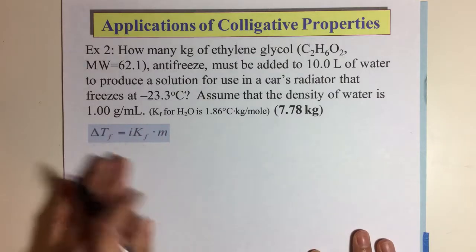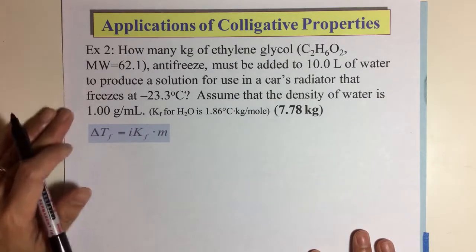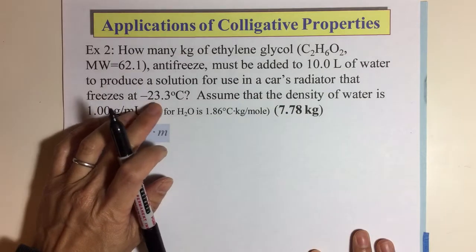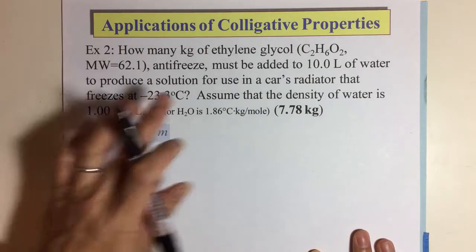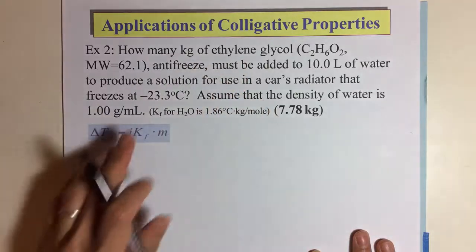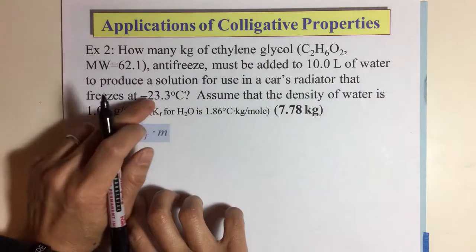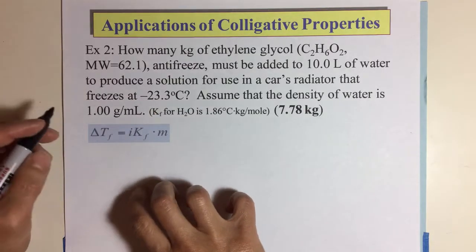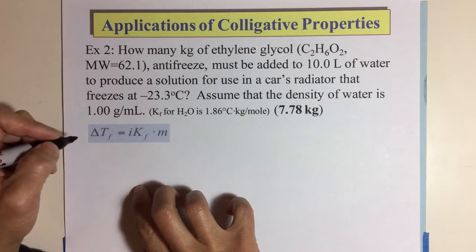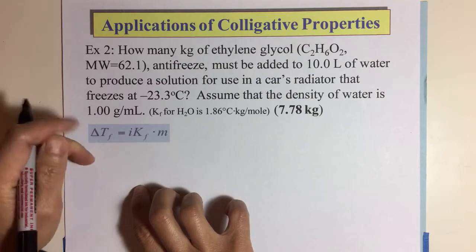Now, we know we're going to have to use this equation because it tells you how much it depresses the freezing point as a result of adding ethylene glycol. That prevents your radiator from freezing over really easily. To freeze is to go below 0, but really negative 23, which is really low.